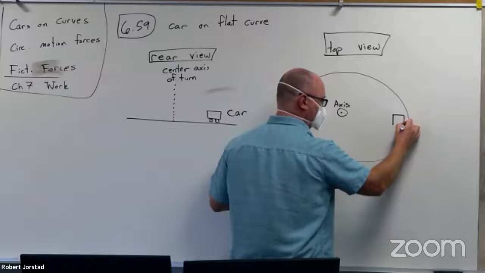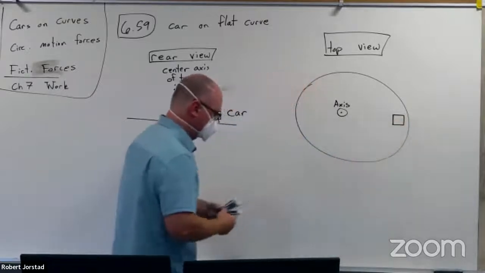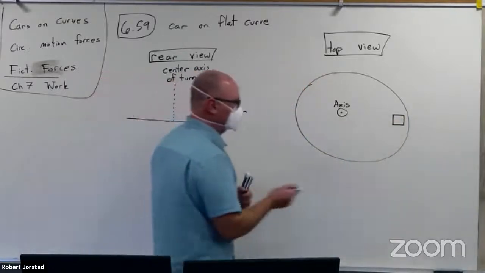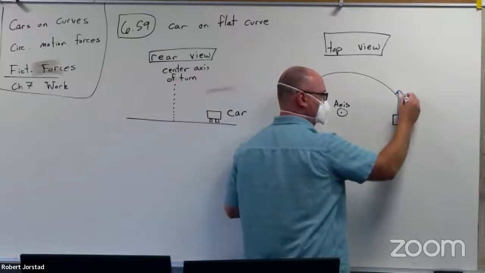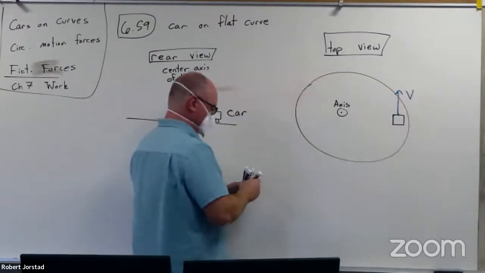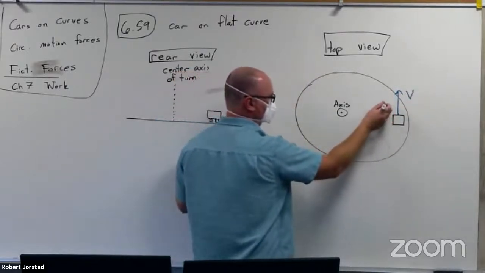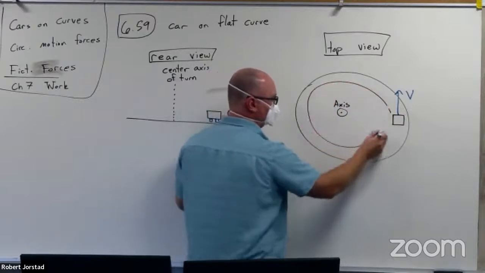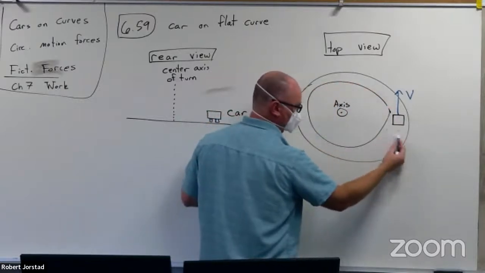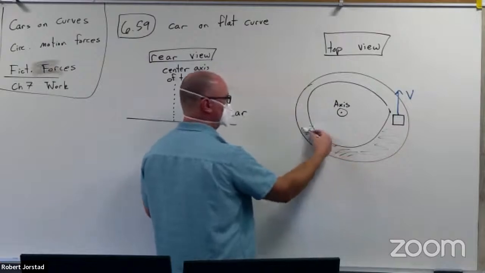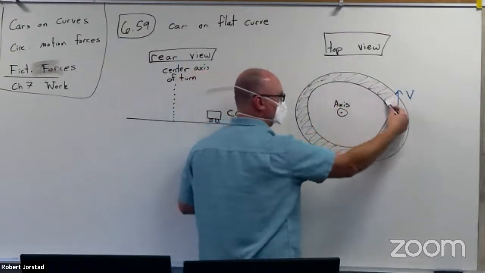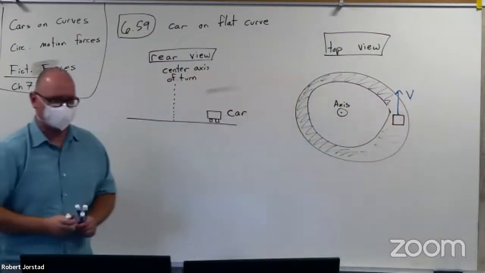It would look like a box. And this car might be moving this way with some speed v. And I guess I could try and draw the actual road here. So imagine this car is driving on a circular track like this. So does everybody understand the pictures okay?